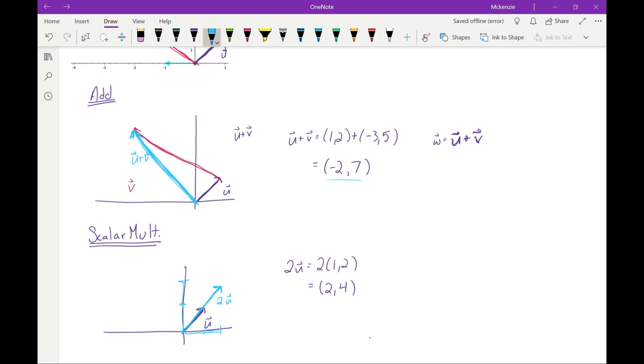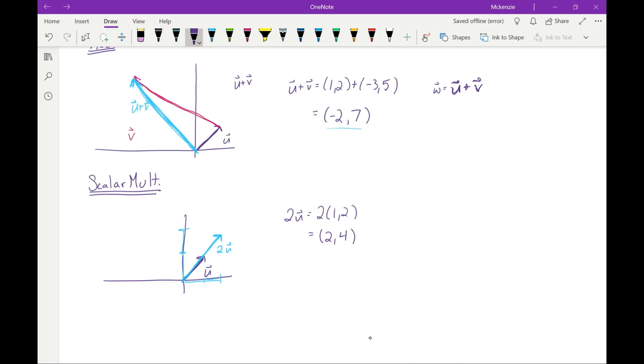To get negative values, so -u, -1 times u, would be just go in the opposite direction. And then we can also do things like 1/2 u, which we could compute algebraically if we wanted. -1u should be -1, -2, and 1/2 u should be 1/2, 1.